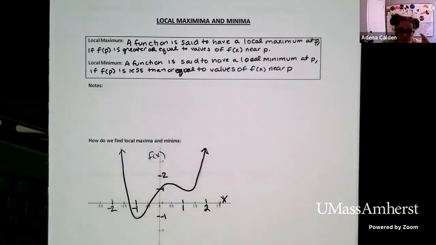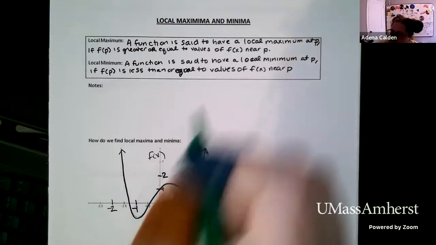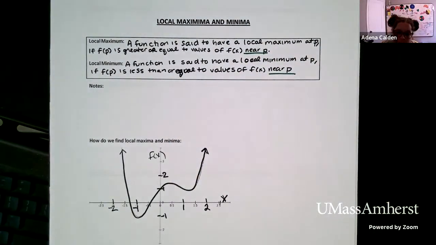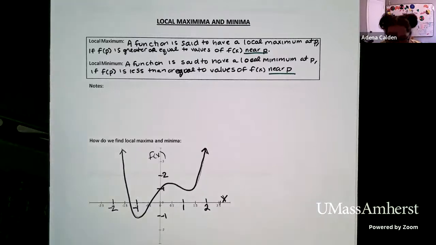What does that mean? The main part of these definitions that is really important is this idea of near p. When we look for local maximums and minimums, we are looking for high and low points in small areas.